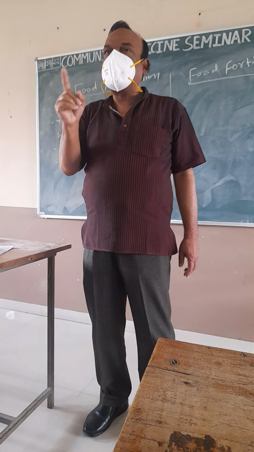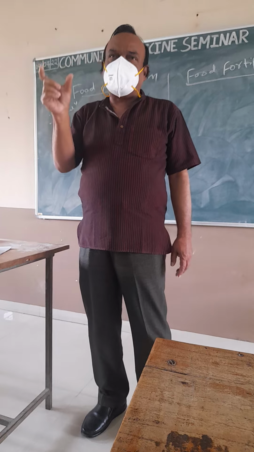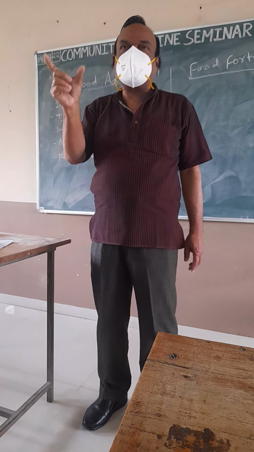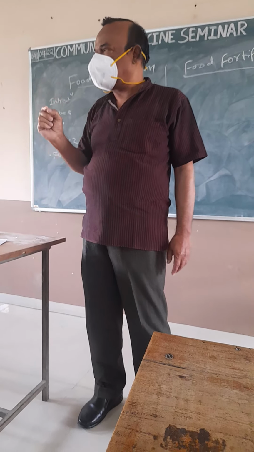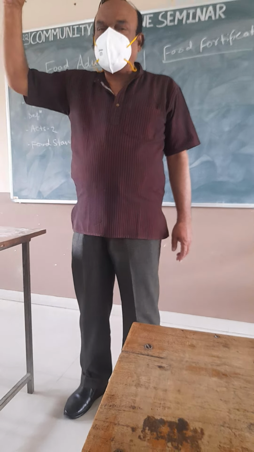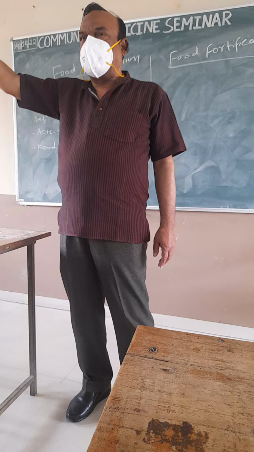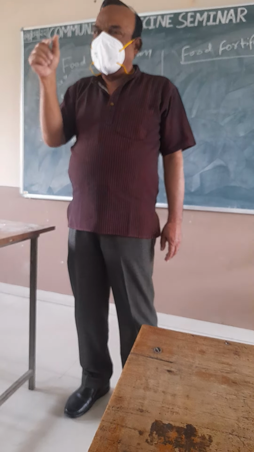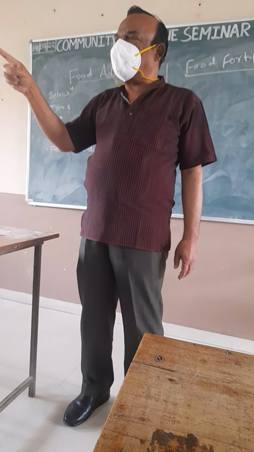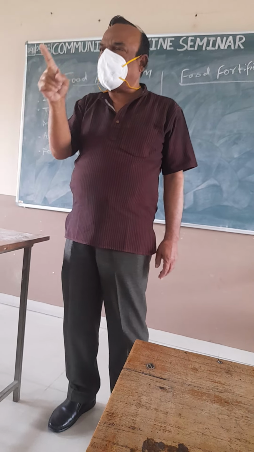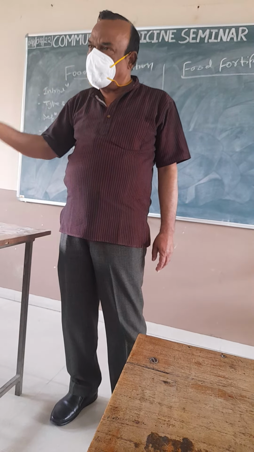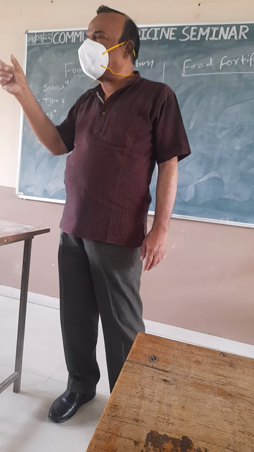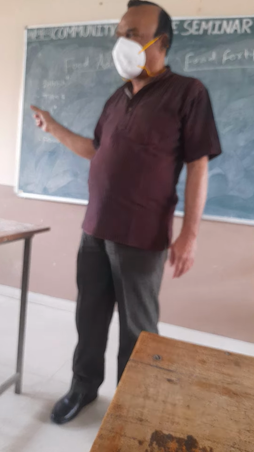This committee lays the standards for food that has to be consumed by the consumer. At national level, the Food Protection Act Committee lays the standard for better quality of the food.